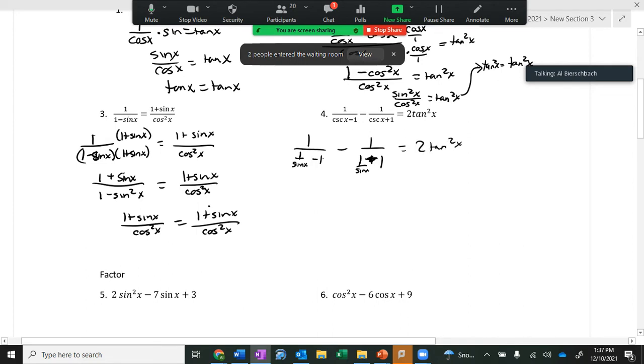When you have a complex fraction, multiply by the denominator of the denominator all the way through, so you get sine of x over 1 minus sine of x minus sine of x over 1 plus sine of x.